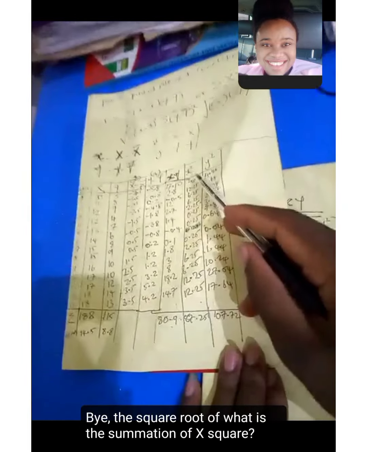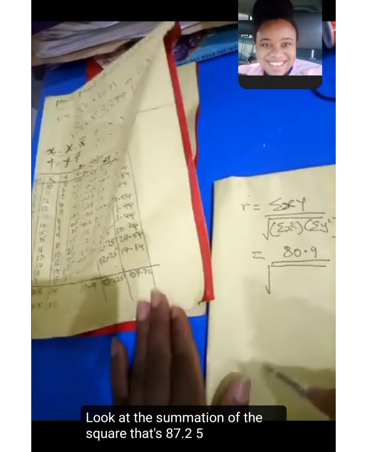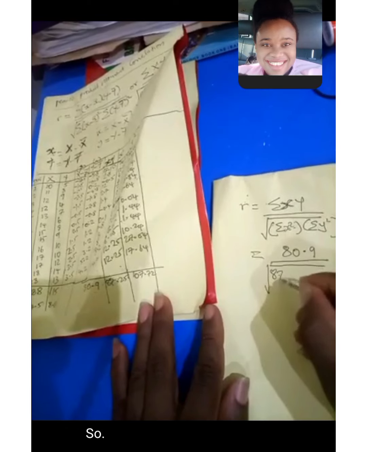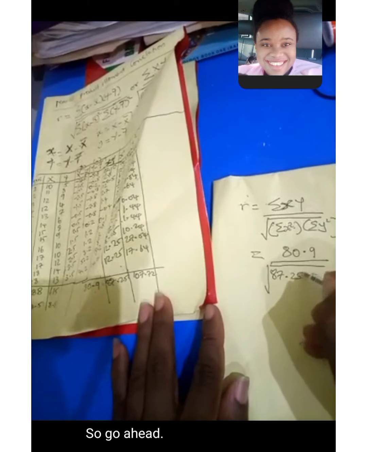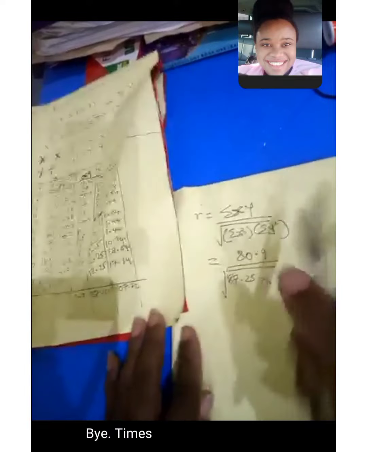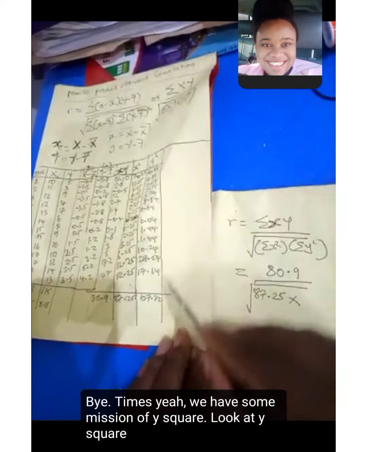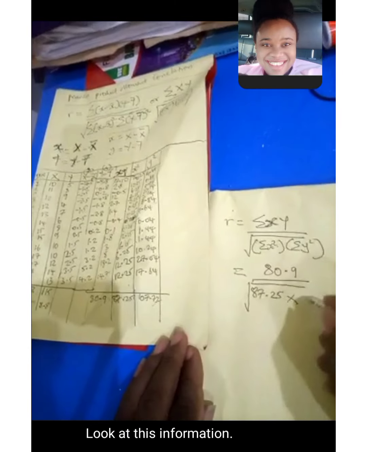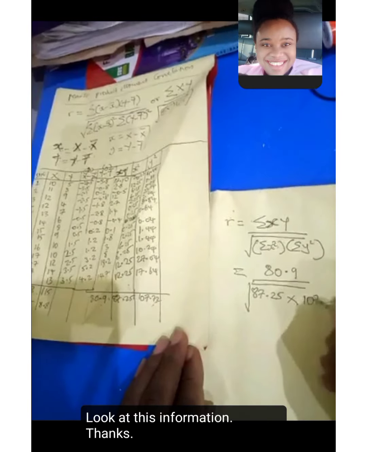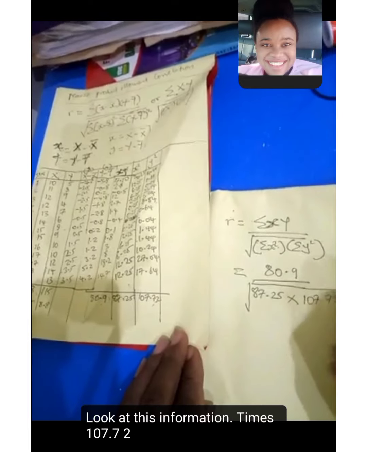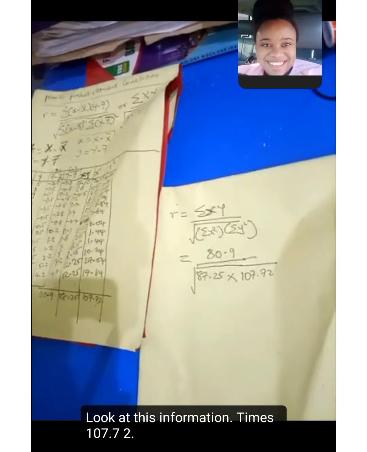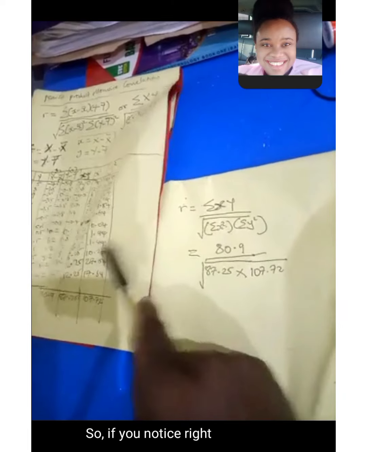Look at the summation of x squared. That's 87.25. Then we'll have the summation of y squared. Look at the summation of y squared: 67.7 times 107.72. So from our table, we just pick the 3 values and put them in this formula. That's all.